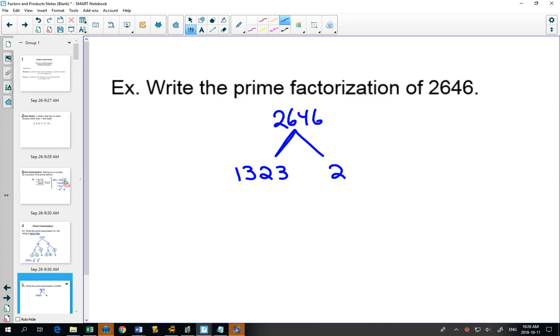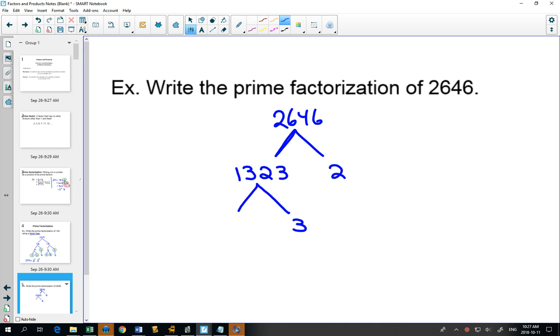The trick for dividing by 3 is if you add up all the digits, 1 plus 3 is 4, plus 2 is 6, plus 3 is 9. And if that answer that you get can be divided by 3, it means that this can be divided by 3. Does that scale forever? That works forever, no matter how big it is.